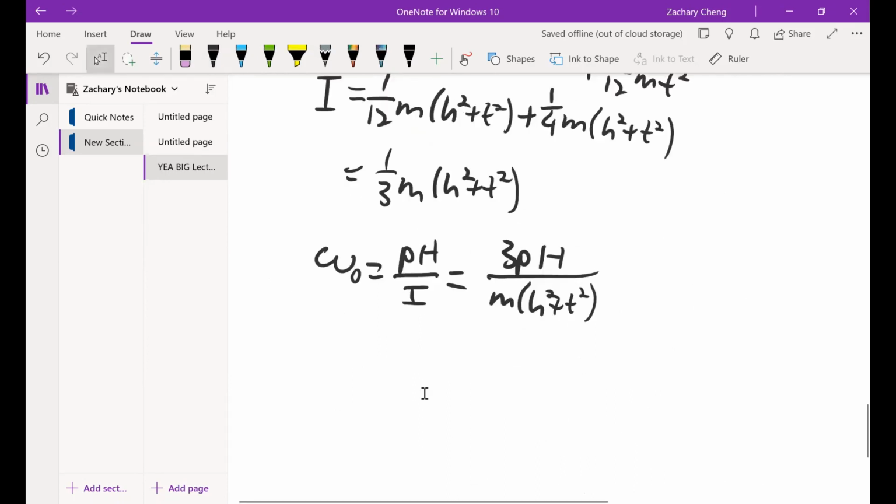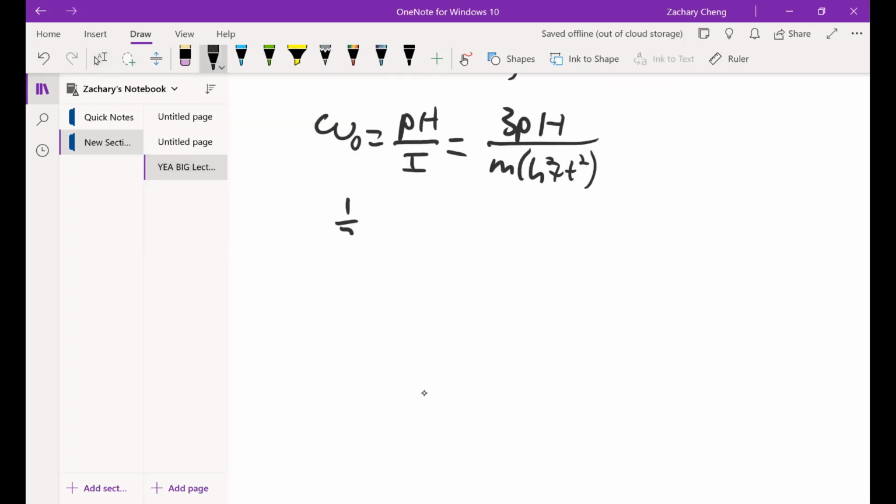So basically that means since the rotational kinetic energy is just 1/2 I omega 0 squared, this has to be equal to the change in the gravitational potential energy. Okay, and this is equal to mg times the height difference. So originally here, this would be h over 2.